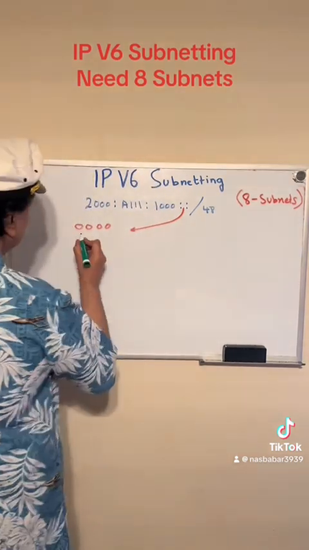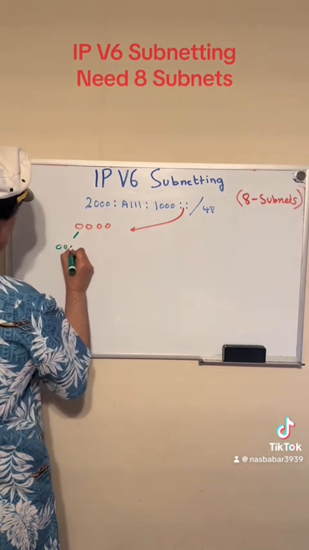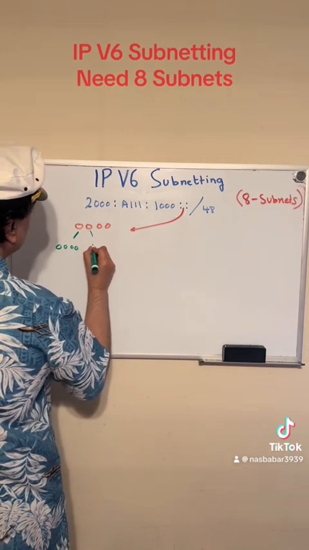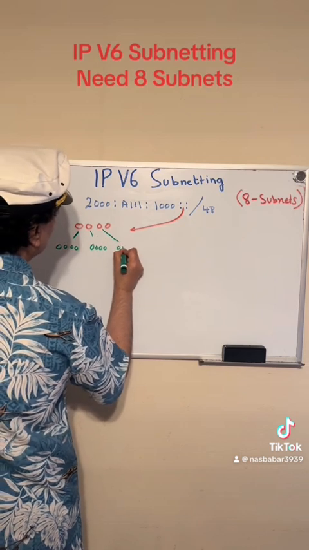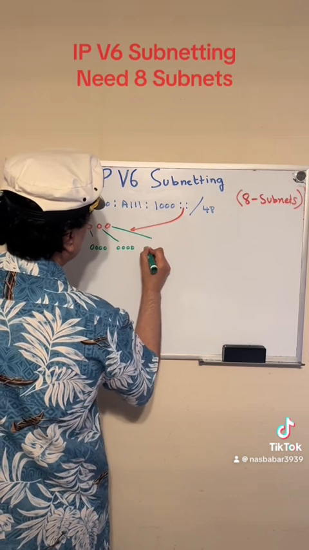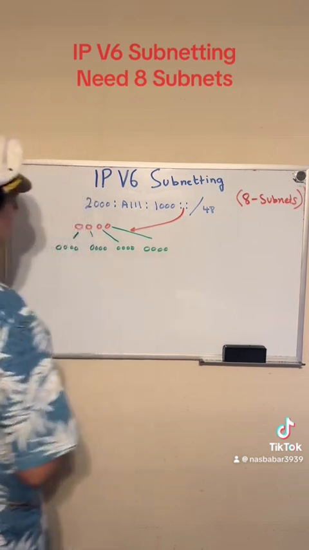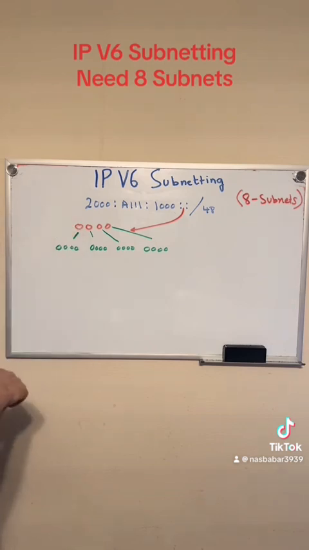So I can do it like this. I can say 0, 0, 0, 0, 0, 0, 0, 0, 0, 0, 0, 0, and 0, 0, 0, 0. Each hexadecimal number has 4 bits.